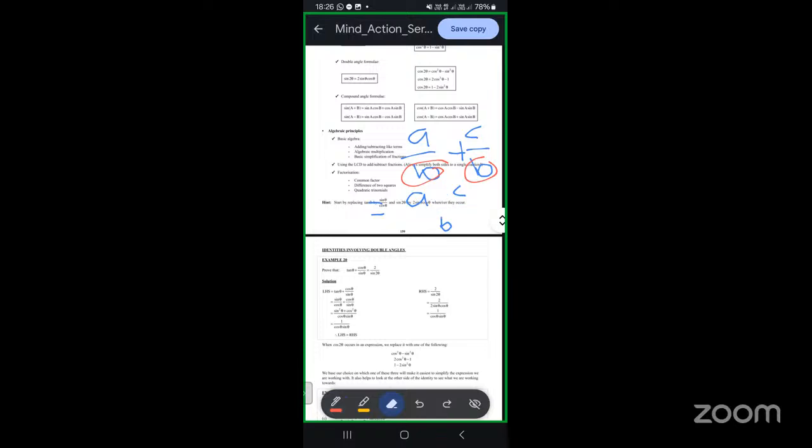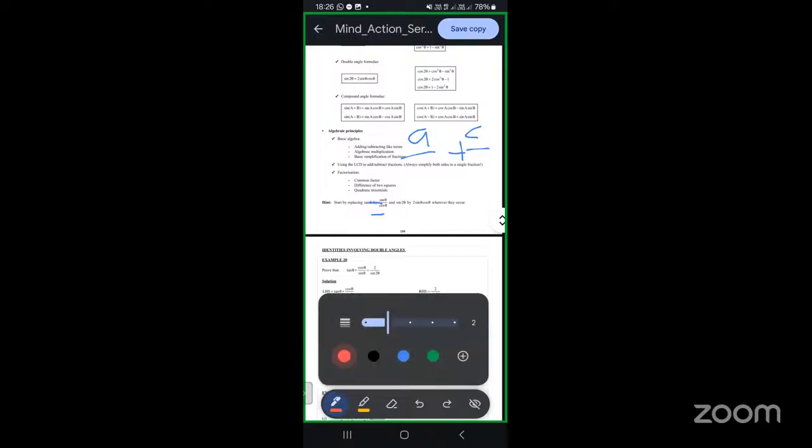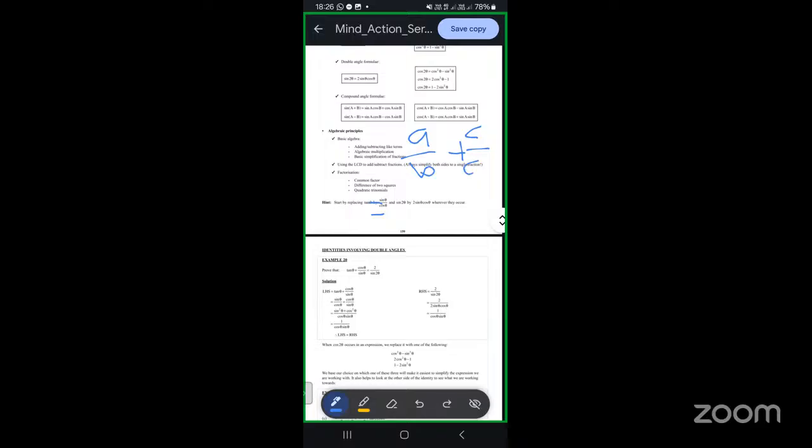Now let's say we have different denominators. Say this one here is B, this one here is D. If it was the same denominators, we would take just one and put it there.